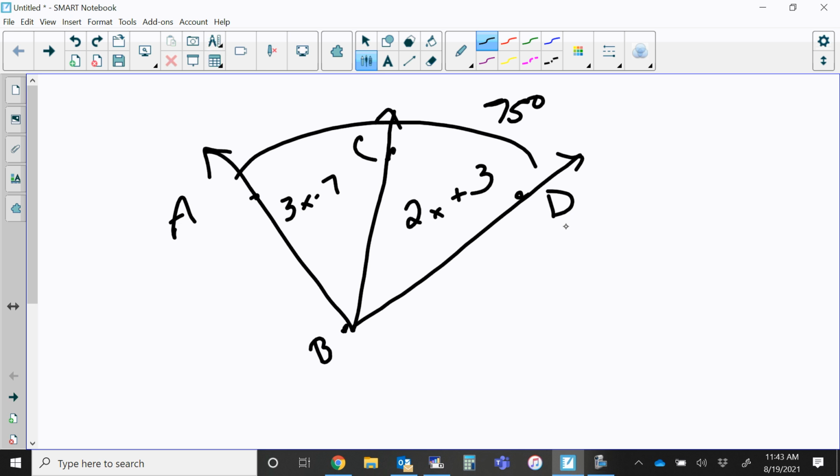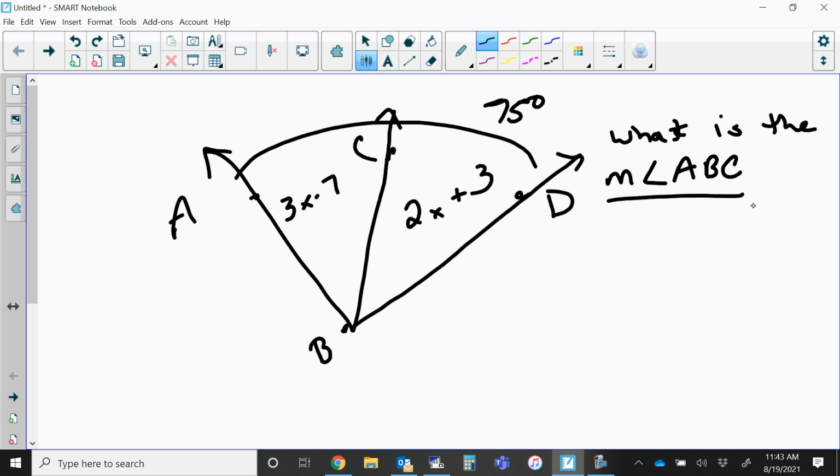I'm going to give you this problem. What is the measure of angle ABC? That is your question. You're solving that on your own. What is the measure of ABC?